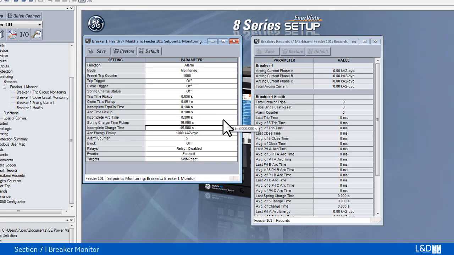The increase in spring charging time may imply the development of problems in the motor and spring mechanism. The increase in arcing energy of the breaking current may reflect the possibility of contact wear.